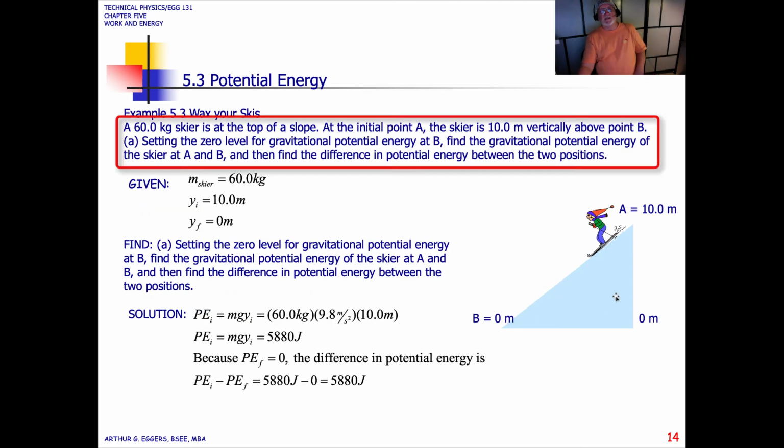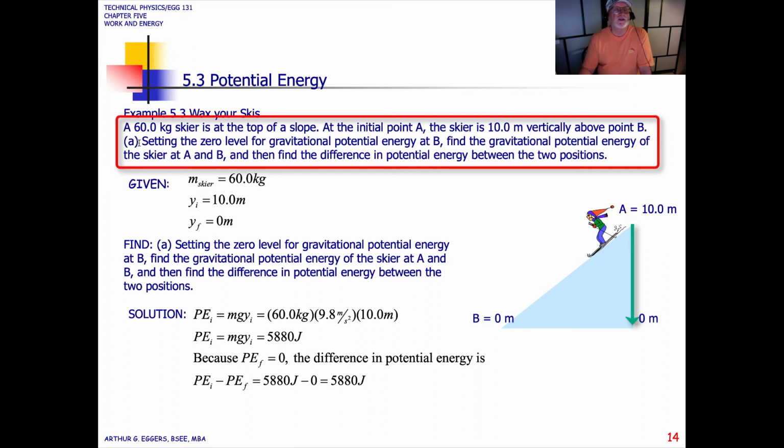So let's look at an example on how we can use the potential energy relationship to help us determine values of interest, in this case, the potential energy. A 60 kilogram skier is at the top of a slope. At the initial point A, the skier is 10 meters vertically above point B. So point A is up here, point B is down at the bottom of the slope.